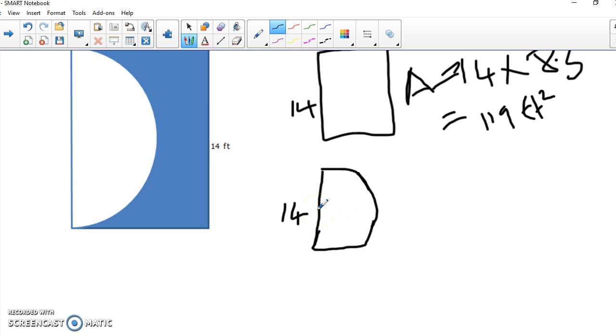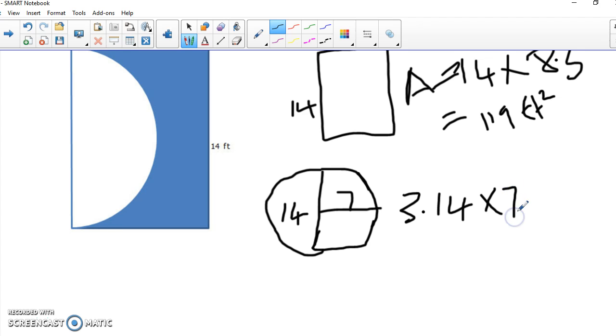So we will not use 14 because this would be like a whole circle. We only need half of this, so we use the radius to find the area. And the radius will be 7 feet. And so the area will be 3.14 times 7 times 7, divided by 2 because you only need half the circle.